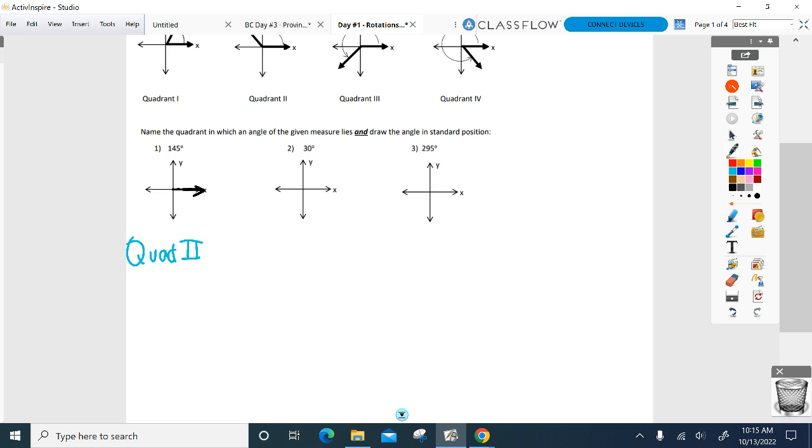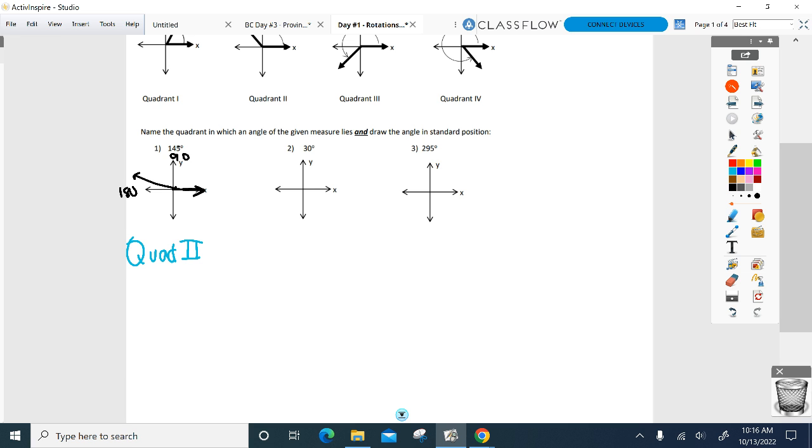If this is 90 and this is 180, where does 145 fall closer to? 180. So put that next side closer to 180 than to 90. Am I looking for exactness? Absolutely not. But that thing should be closer to 180 than it is to 90.